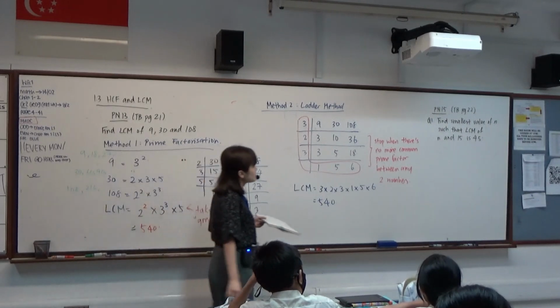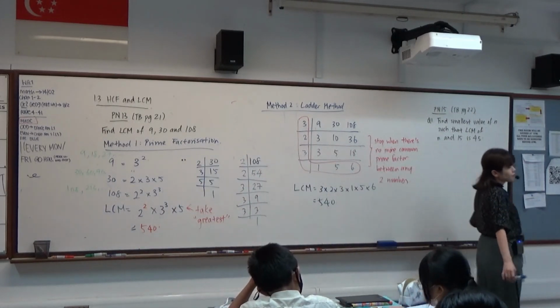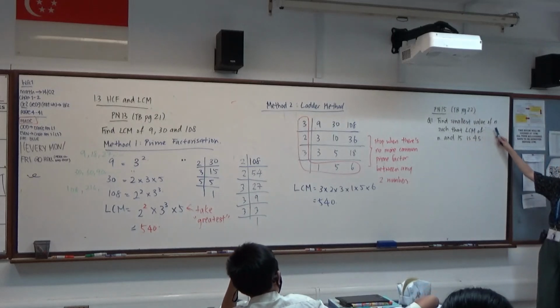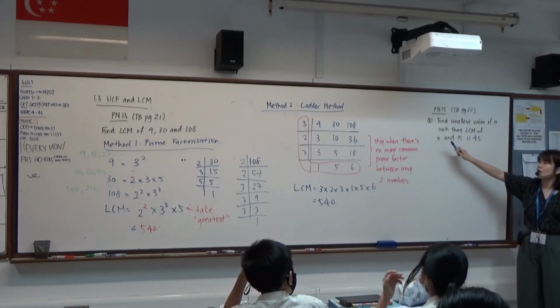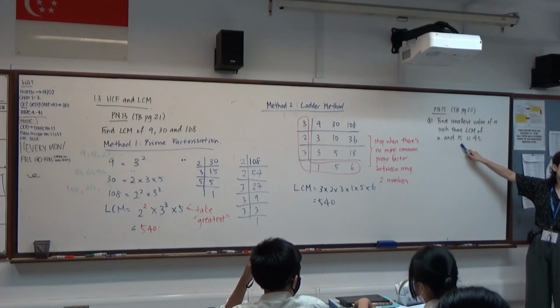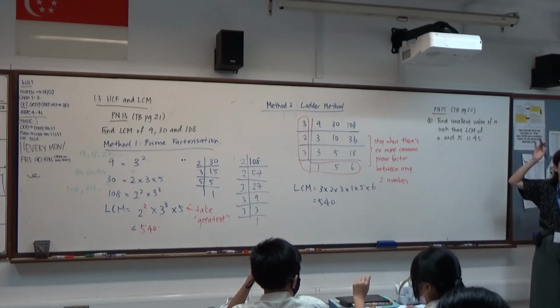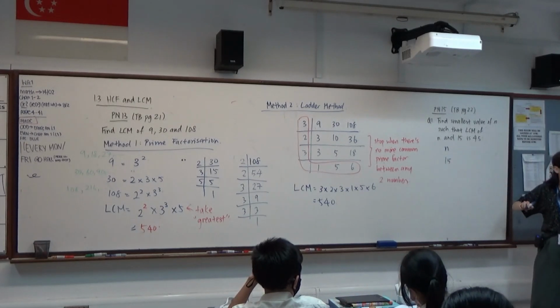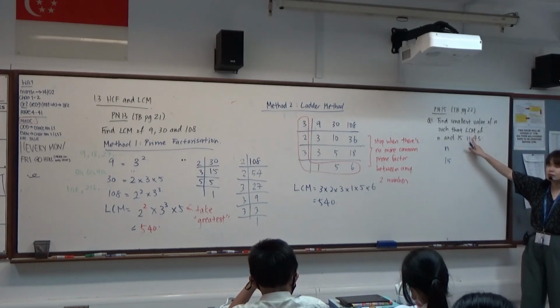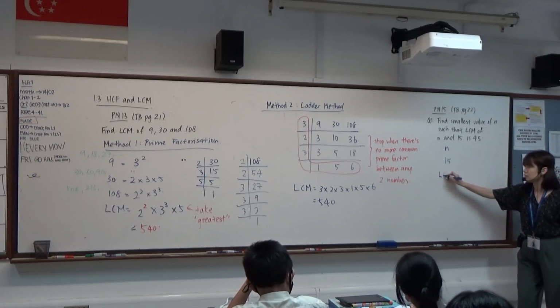Now as to question 1 here, we have to find the smallest value of n such that the lowest common multiple of n and 15 is 45. So the two numbers that we're looking for the lowest common multiple of are n and 15, and this lowest common multiple is 45.